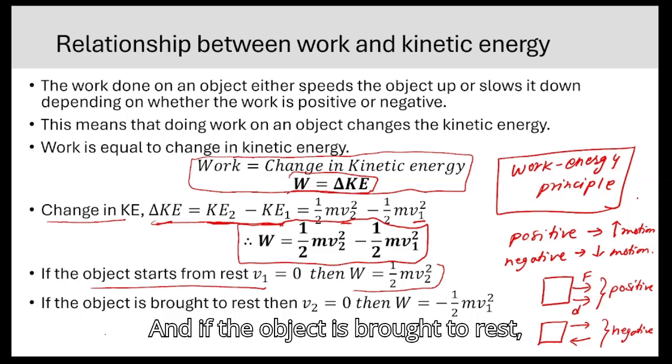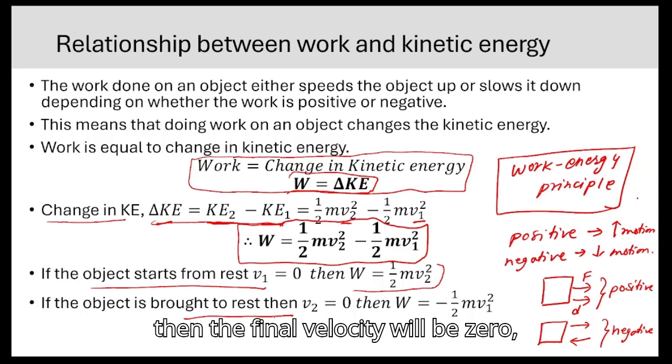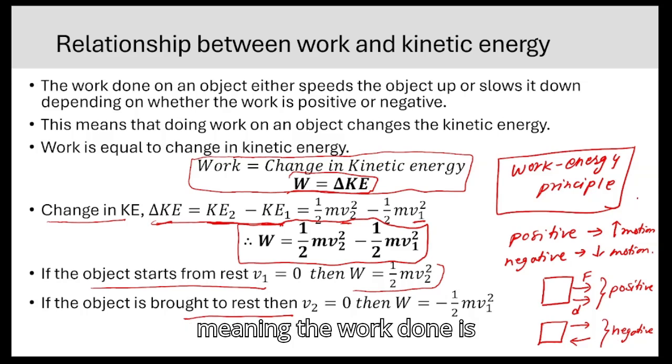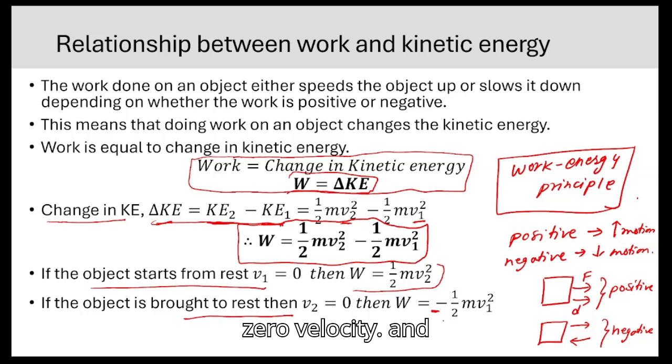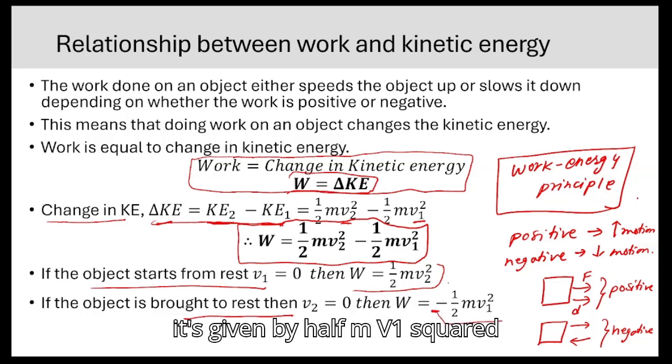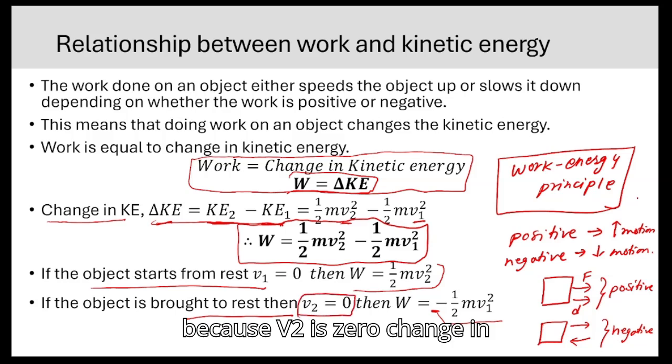And if the object is brought to rest, then the final velocity will be 0, meaning the work done is negative, because the motion is reducing from some velocity to 0. It is given by minus half m v1 squared, because v2 is 0, so the change in kinetic energy is just the negative of the initial kinetic energy.